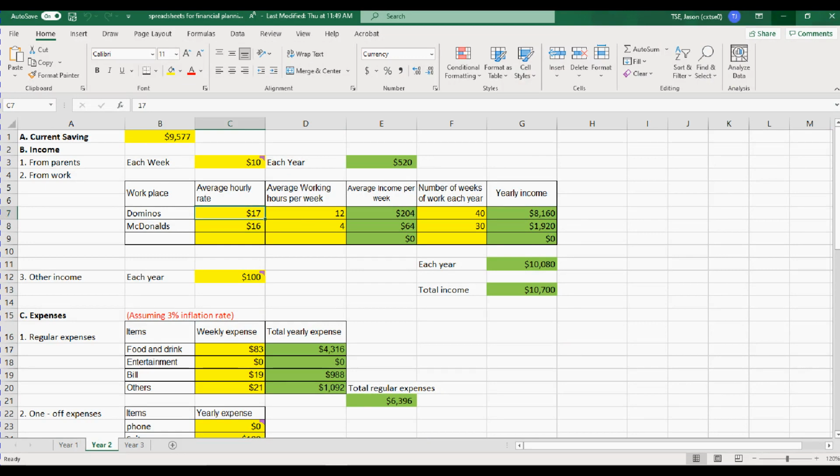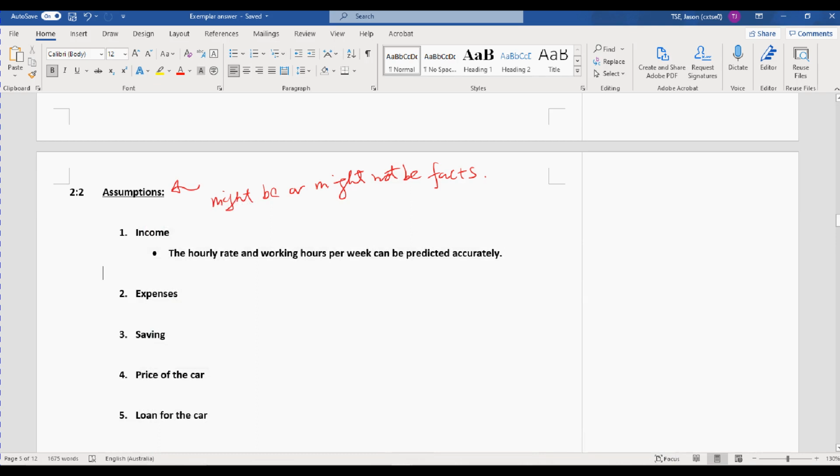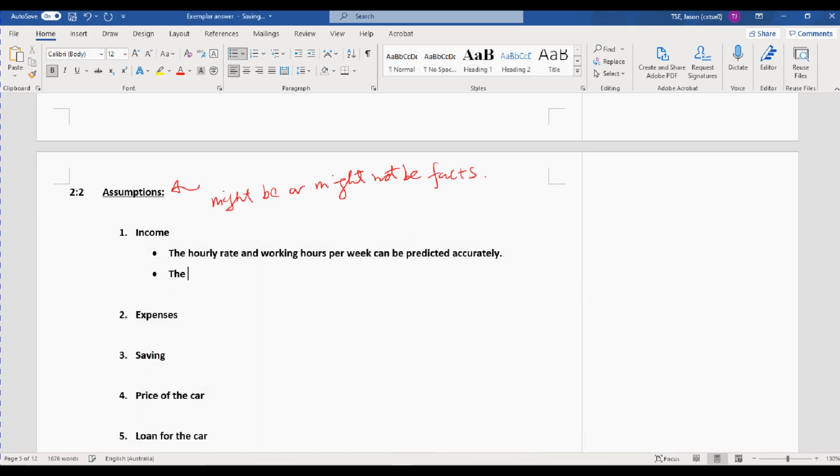So you might have a higher pay, right? So you might say the hourly rate can be increased.